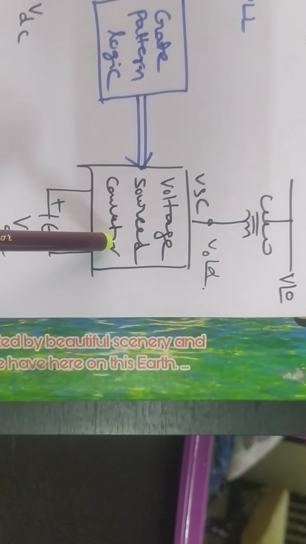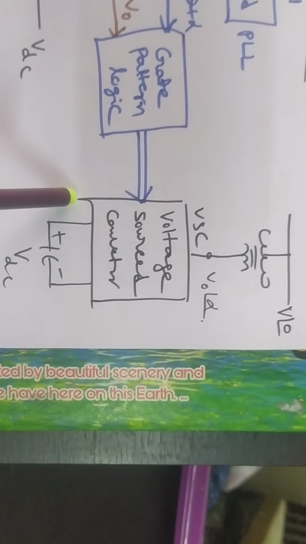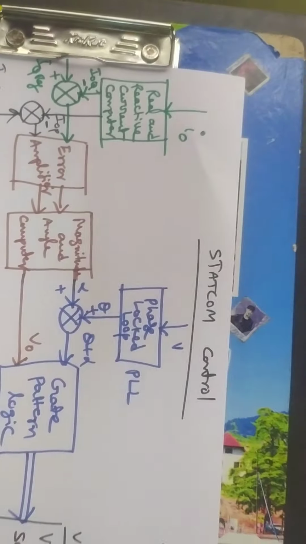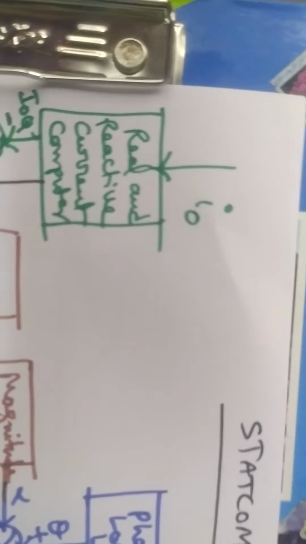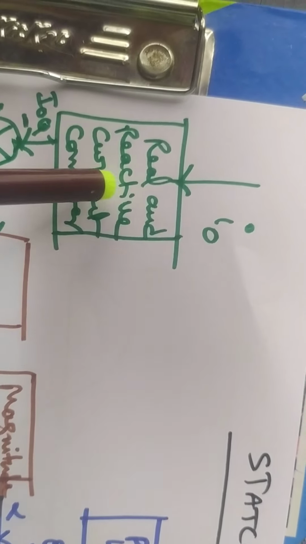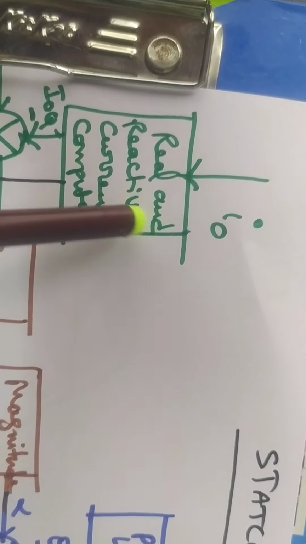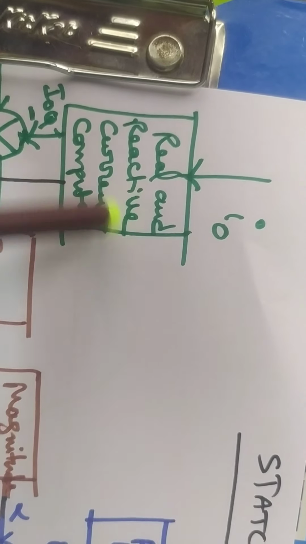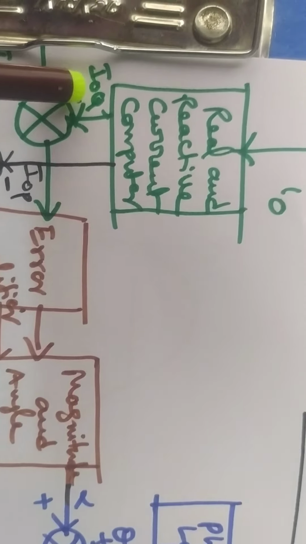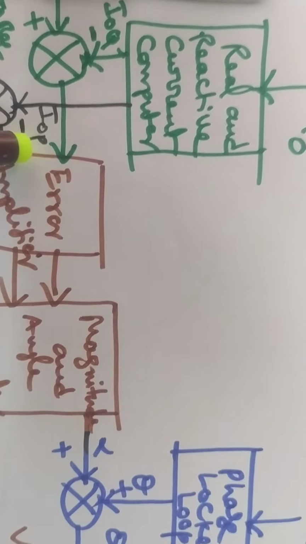It can be combined with the control circuit. It may be internal control. So let us look at the control circuit. Here in the control circuit, I0 is the output current. So that output current is separated into two parts, real and reactive current, computer, from which you can obtain I0Q and I0P.